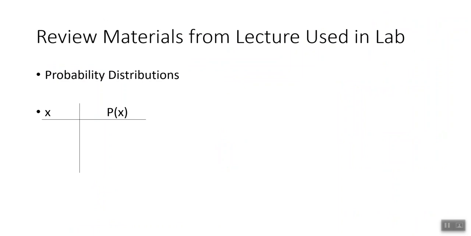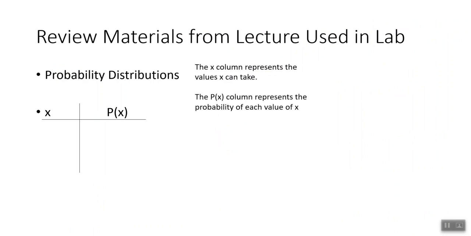Also, what you'll need in this lab is some material from Chapter 6. Probability distributions. Probability distributions look like this diagram on the left. You have a column for what X can be and a column for how likely each outcome of X is. So column X represents the values X can take.